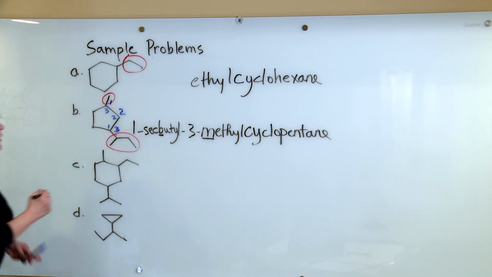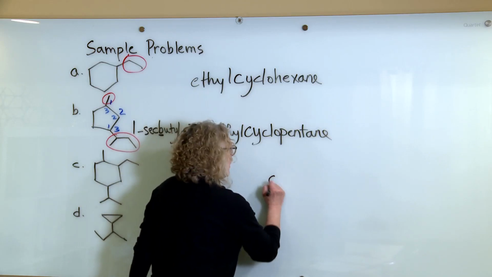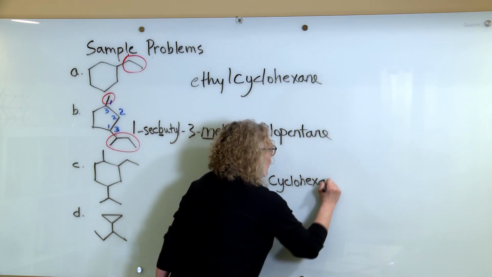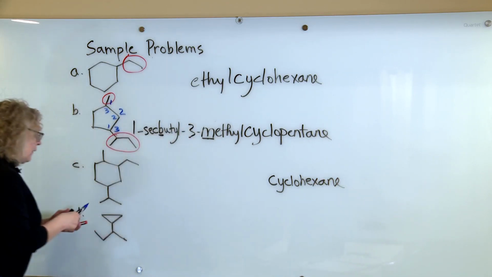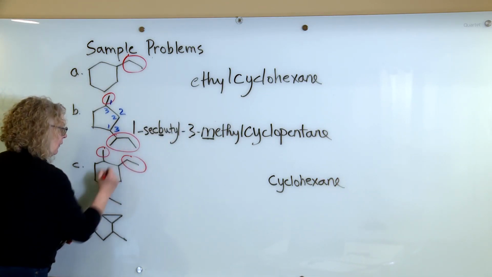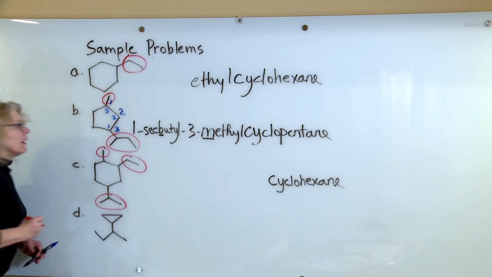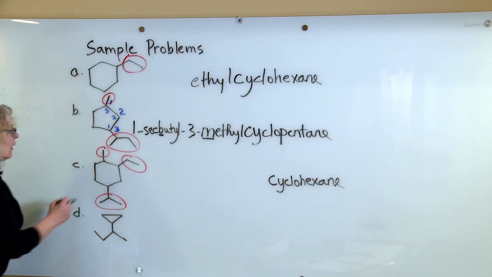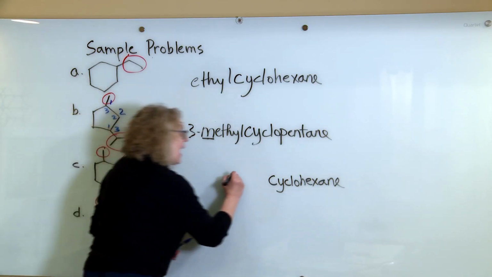The next compound is also a cyclohexane. What are the substituents? We have a methyl, we have an ethyl, and we have an isopropyl. So let's put in our substituents in the correct order. The methyl goes last.